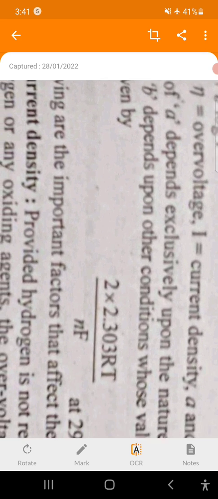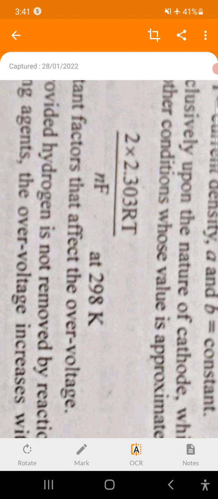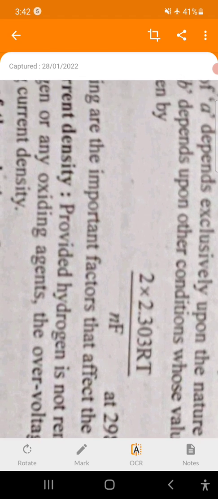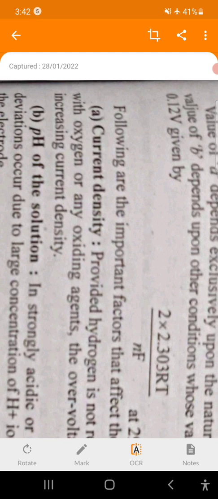A depends on the nature of the cathode surface and the constant B depends on other experimental conditions. This is an important equation, that is eta equal to A plus B log I. This equation is known as Tafel's equation.